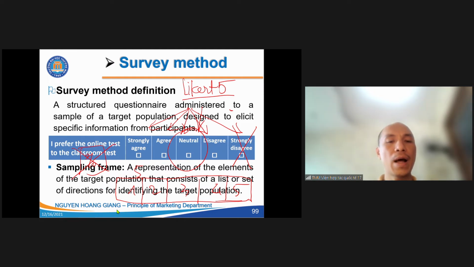For this one, how do you analyze? Class members, does anybody know how you analyze this kind of question, determine the number? For example, strongly agree, and they choose that.